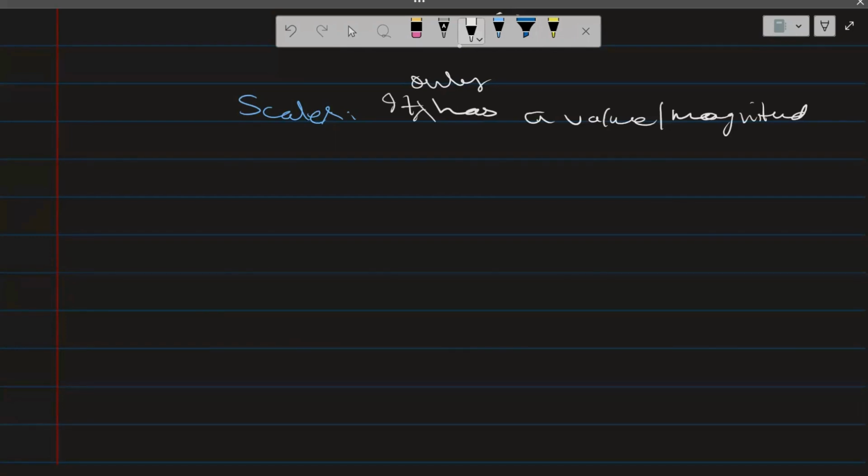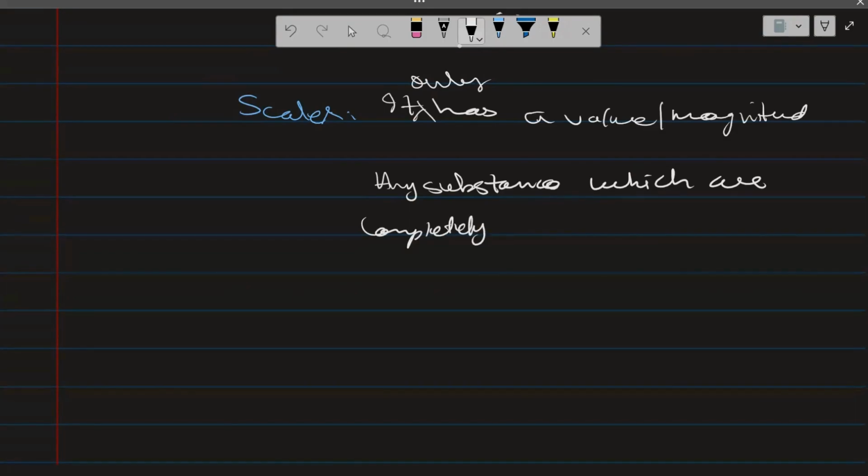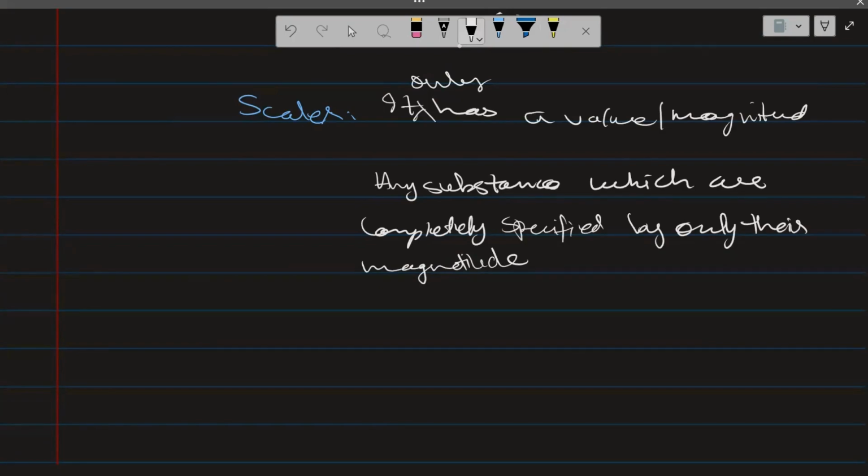Those substances which are completely specified by only their magnitude are called scalar quantity. So we're done with scalar.